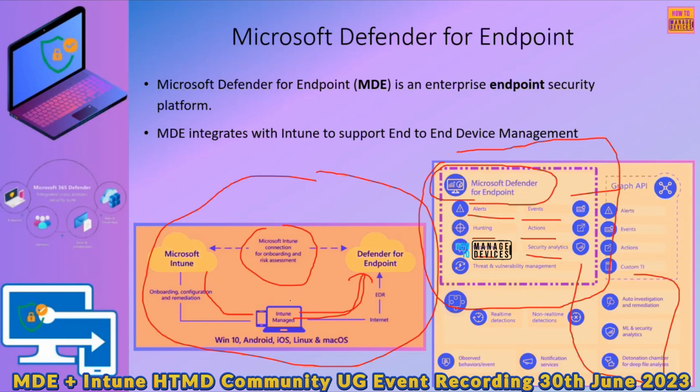It is interesting to see that there are different platforms supported. Windows 11 is there, Linux is there, macOS is there. But to be honest with you, Windows has first party support for Microsoft Defender for Endpoint, while Android, iOS, Linux, and macOS are being improved with new features added.